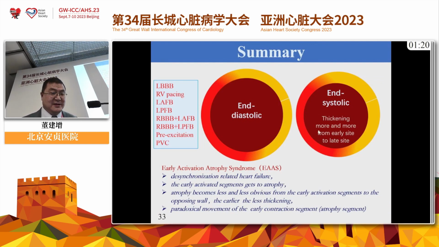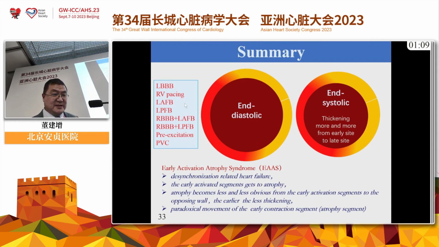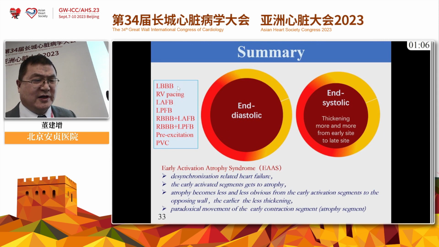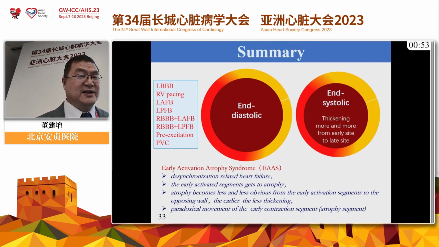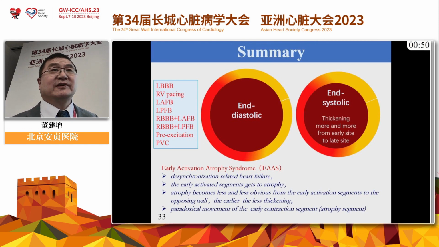That's my last slide. All the things I mentioned in the last slides: all the arrhythmias, left bundle branch block, right ventricular pacing, fascicular block, right bundle branch block with fascicular block, pre-excitation, PVC, VPC, can result in dyssynchrony in the left ventricle and contribute to heart failure, with a very specific morphology change.